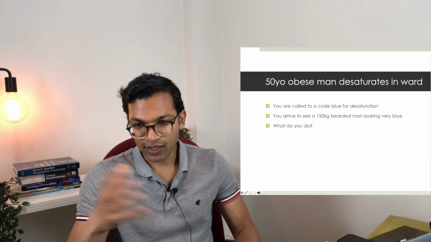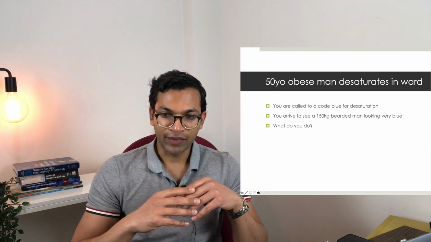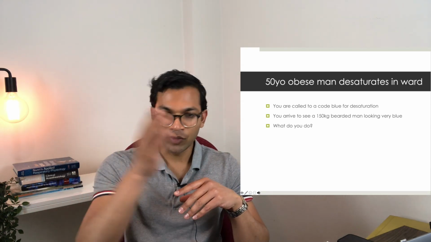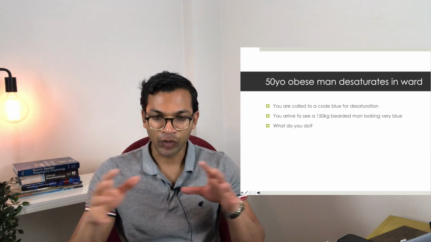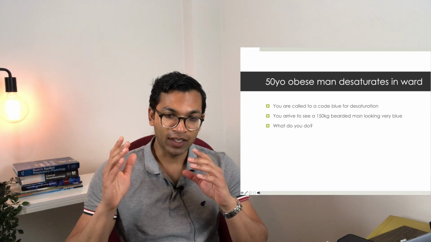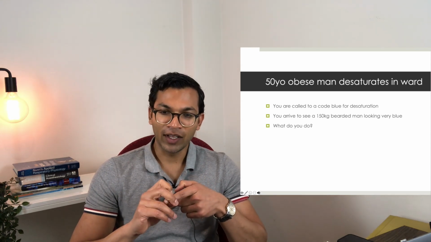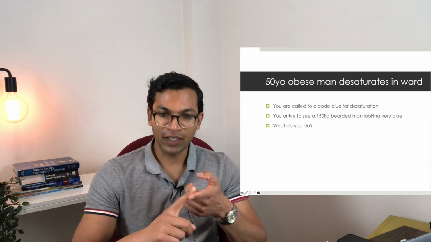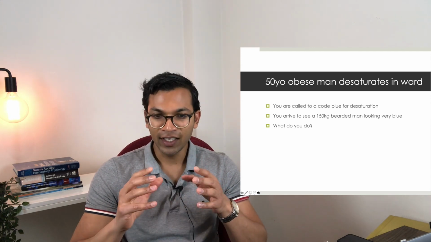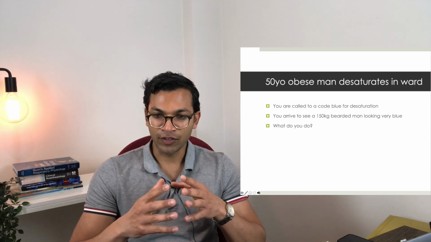Okay, now I just want to tell everyone again, there's this whole algorithm about needle cric or scalpel bougie or scalpel finger. I'm going to tell you that it doesn't really matter which one you use in theatre. But trust me, if you're trying to do something on the ward and they don't have all the equipment like jet ventilators and 14 gauges, it's so much easier to describe a scalpel bougie and also to source the equipment.